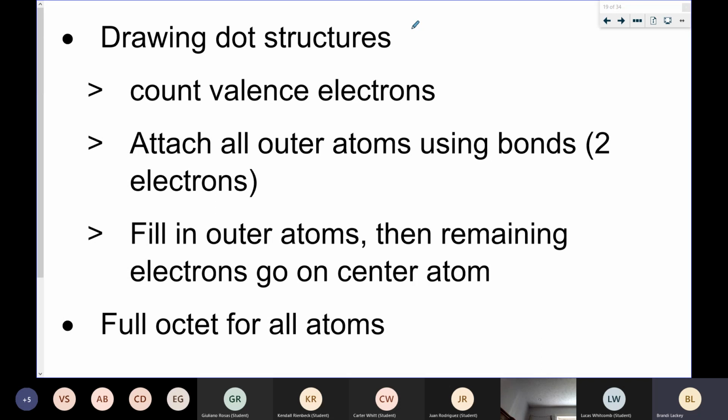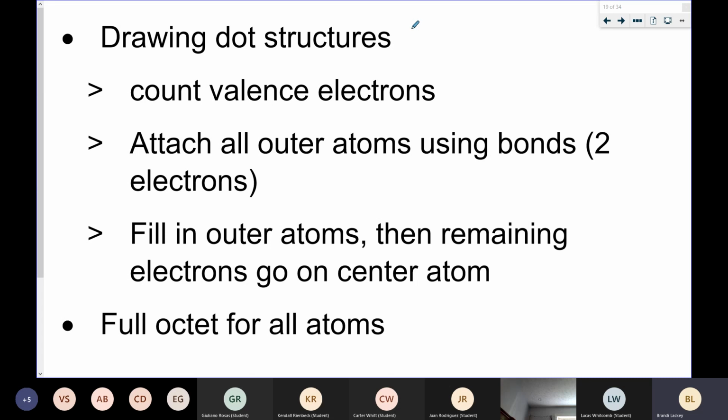You can find valence electrons based off of what column or group that element's in on the periodic table. Up at the top, it has Roman numerals like 1A, 3A, 5A. The Roman numeral is how many valence electrons that substance has, with the exception of helium. That's how you can tell valence electrons.